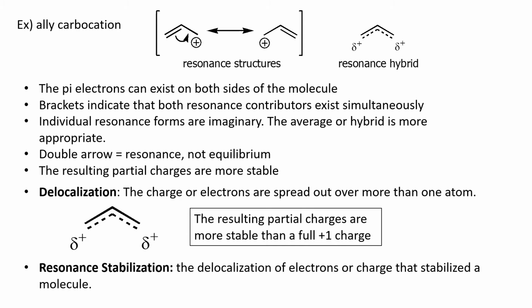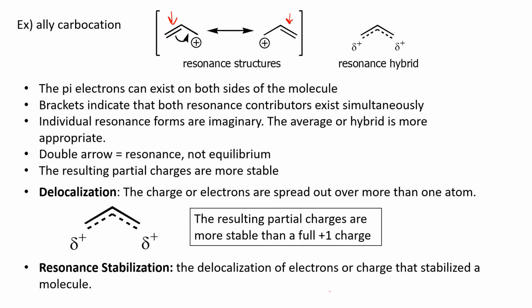So we said that we can identify resonance occurring when you can draw more than one correct Lewis structure. So, for example, with our allyl carbocation, we could have put the double bond on the left, or we could have put our double bond on the right, and both are correct Lewis structures.